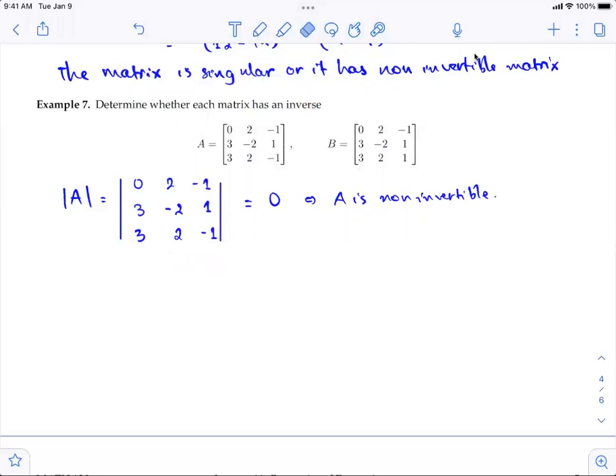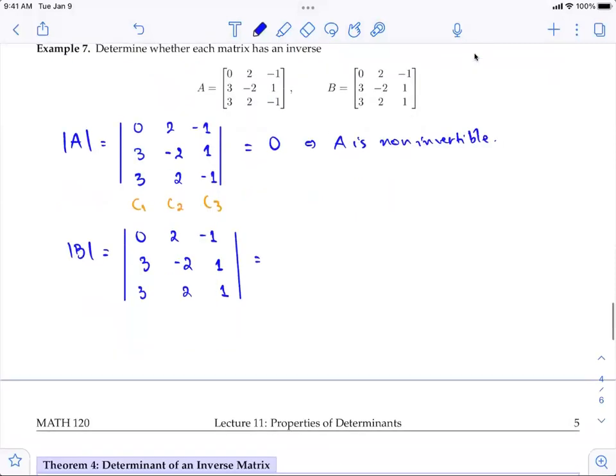Now for the matrix B, you have the determinant 0, 2, -1, 3, -2, 1, and then 3, 2, +1. And if you do the calculations, I'm going to pick the first row: A11 times C11 plus A12 times C12 plus A13 times C13. Okay.